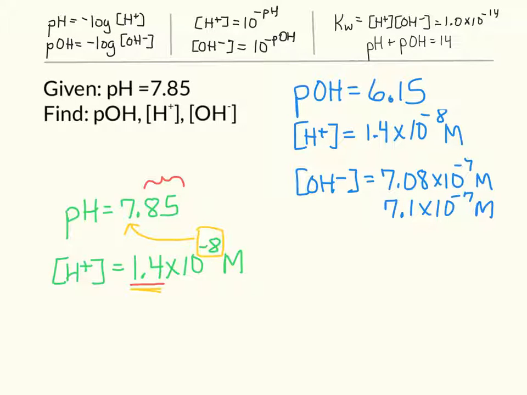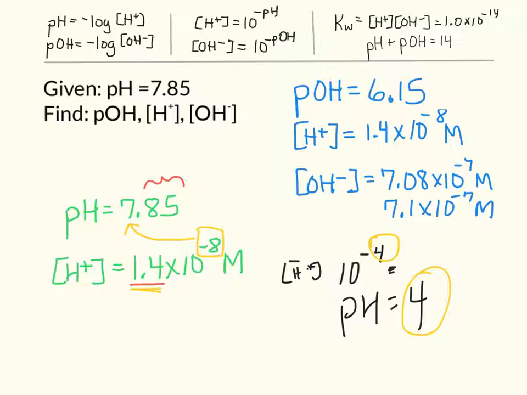That should be obvious if we were to take a look at the first examples that we did, where the hydrogen ion concentration was 10 to the negative 4, and the pH was 4. This pH here came from that right there.